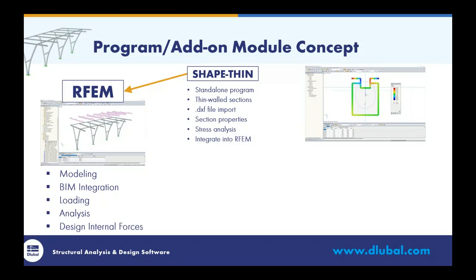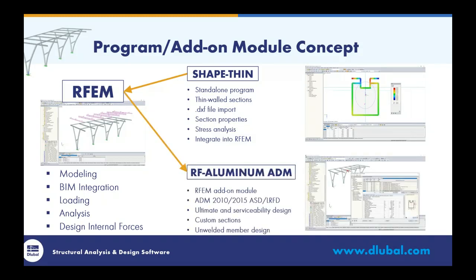Now, if we'd like to do design within RFEM, this is where we'd want to take advantage of the design add-on modules. In particular, today we'll be looking at RF-ALUMINUM ADM. This is nothing more than just a dialog box within RFEM that allows us to do member design for aluminum per the ADM 2010 and 2015, and we have both ASD and LRFD.